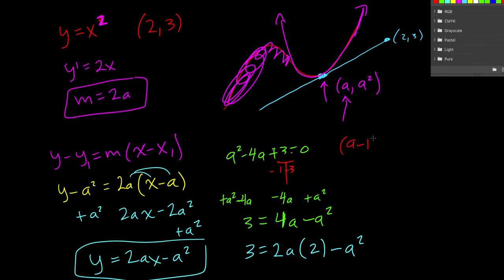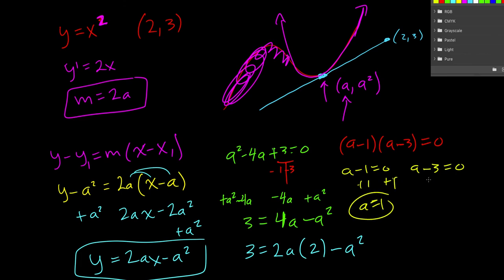A minus 1, a minus 3 equals 0. If we set each of those equal to 0, a minus 1 equals 0, a minus 3 equals 0, we add 1, a equals 1, then we add 3, a equals 3.